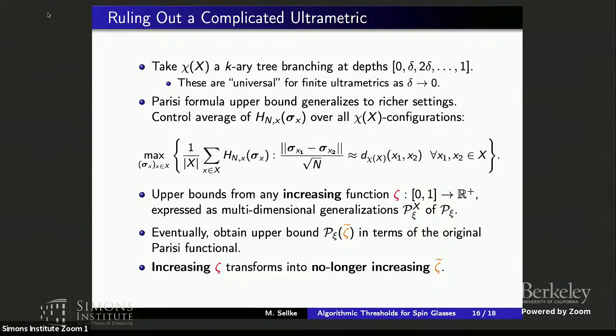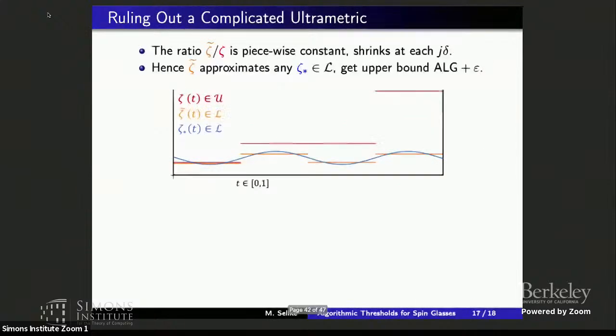So we found this ordinary Parisi functional again, but the increasing function we started with actually transforms. We don't get the same increasing function at the end. We get something that's no longer increasing. So this is how we're able to get to non-monotone functions, which went into defining alg.